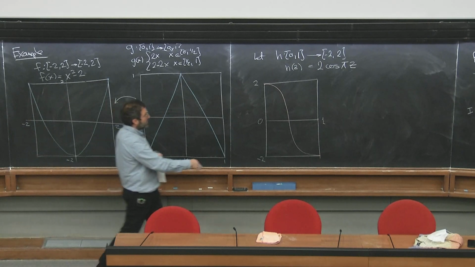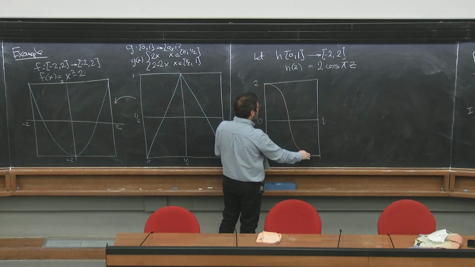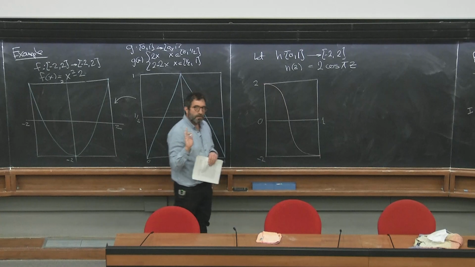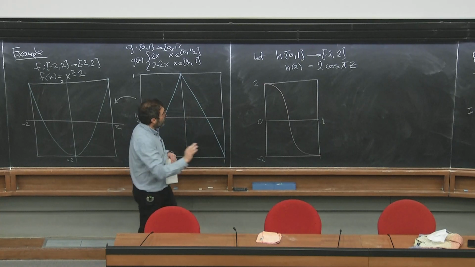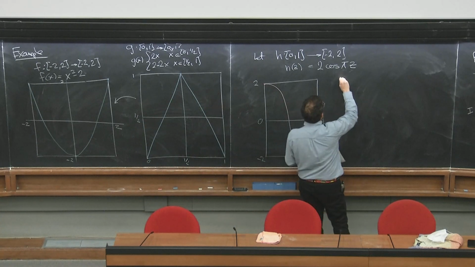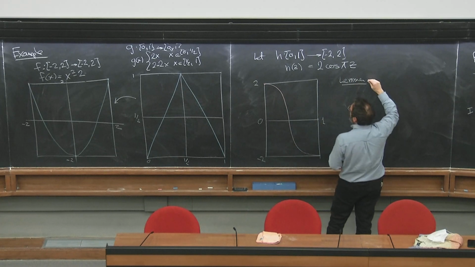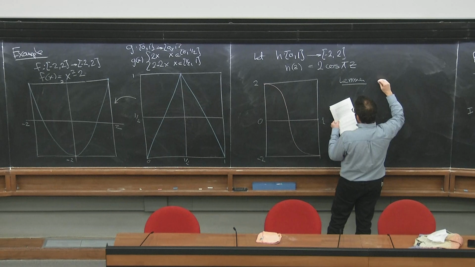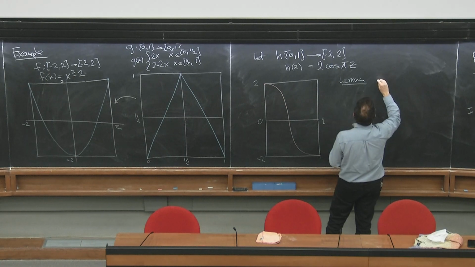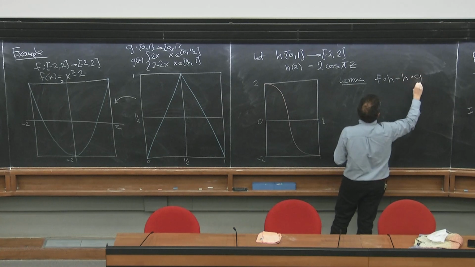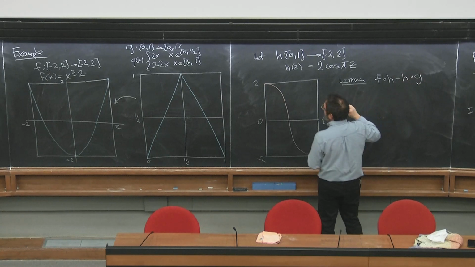So what is the regularity of this map? This is a bijection, right? So first let me write the lemma: H is a conjugacy, so we have that F composed with H equals H composed with G, and I will leave this as an exercise.